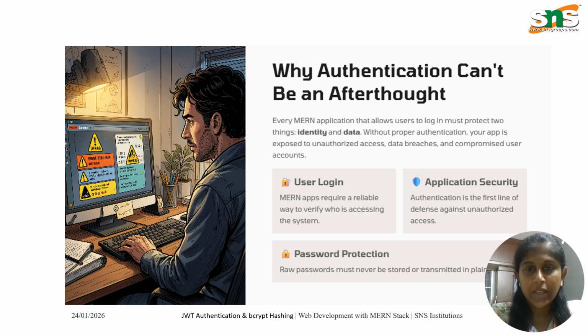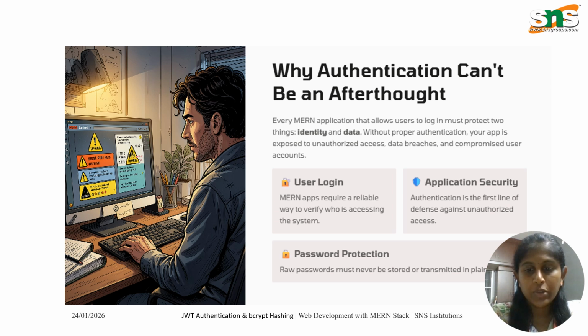JWT stands for JSON Web Token. It is a secure method used to transfer authentication information between the client and the server. When a user successfully logs in, the server generates a token. This token is stored on the client side and sent with future requests. The server verifies this token to confirm the user's identity.